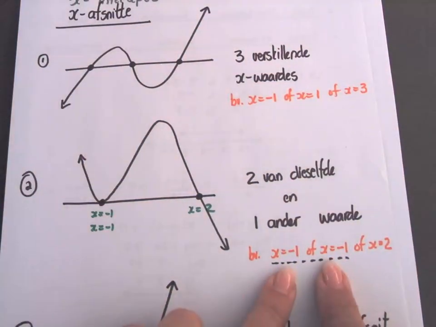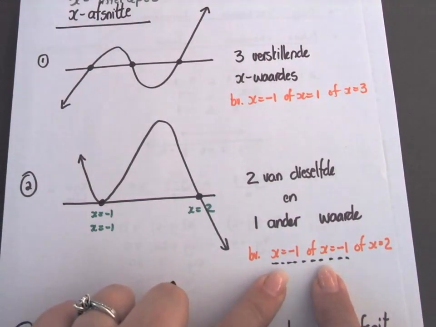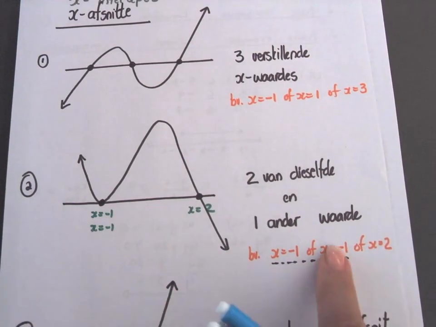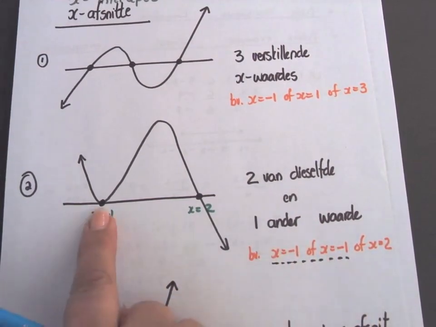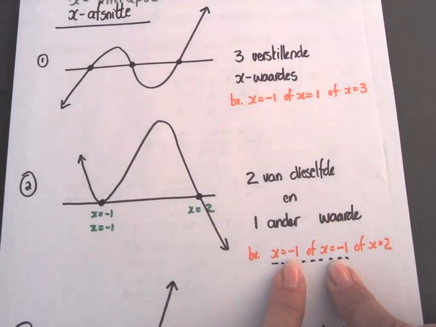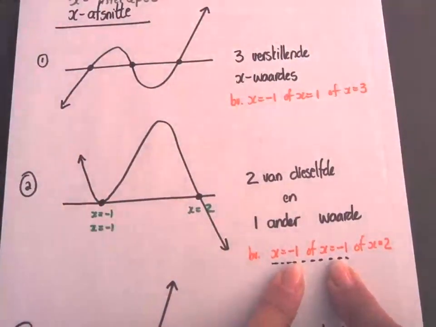So you get, for instance, x is negative 1, x is negative 1, and x is 2. That means that these two show you the turning point on the x-axis. So the two that are the same tells you it's a turning point on the x-axis.